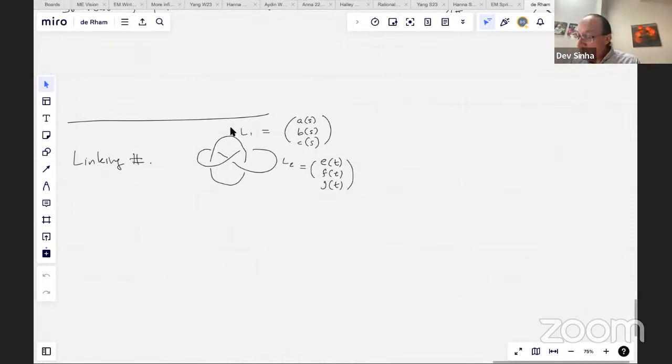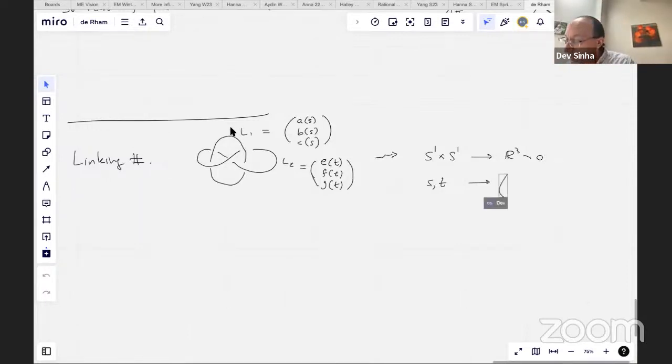And what we're going to do is we take this data and we produce a map from S1 cross S1 to R3 minus the origin. And it's just going to take my 2 link components to the vector that measures the difference. And it's going to be non-zero because L1 and L2 themselves don't intersect.